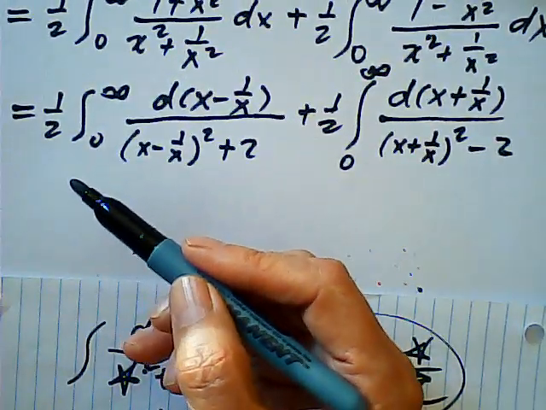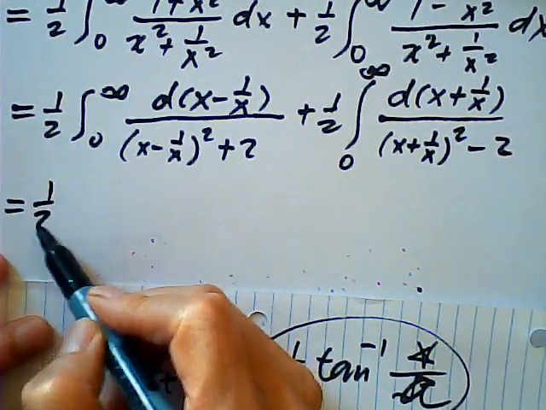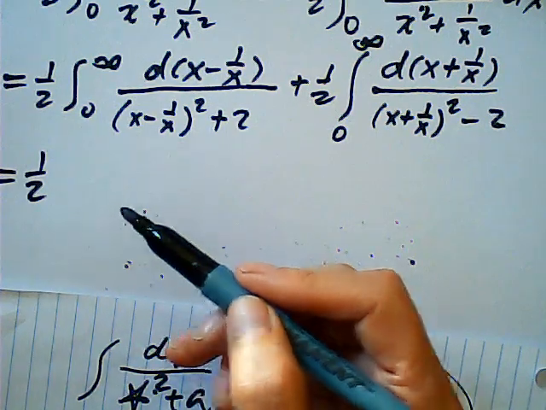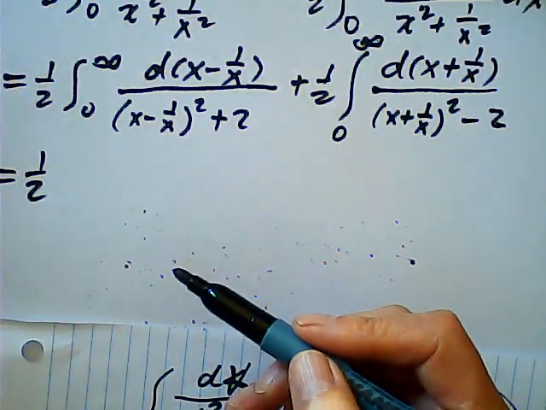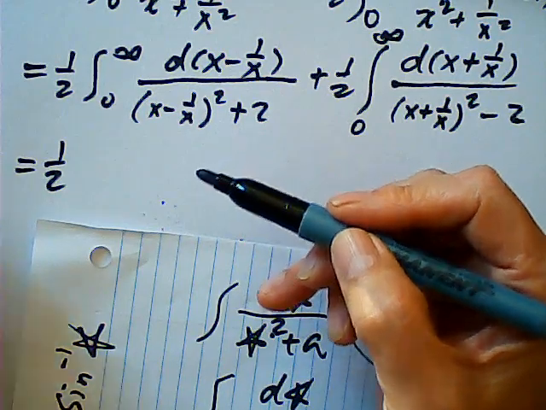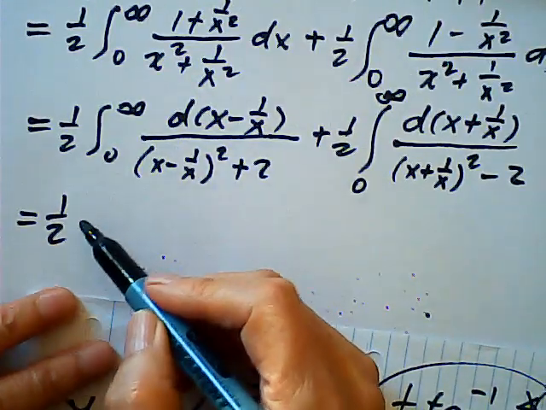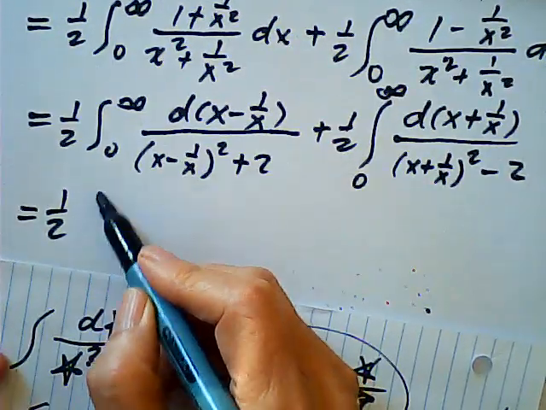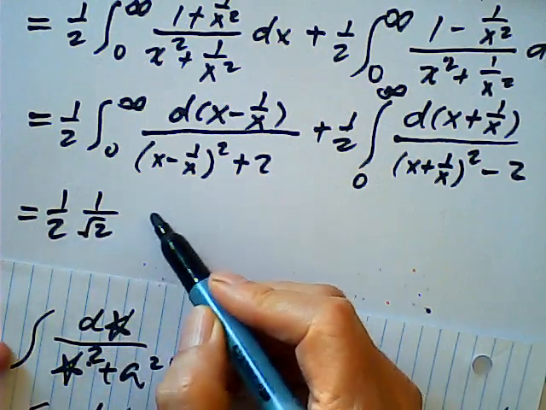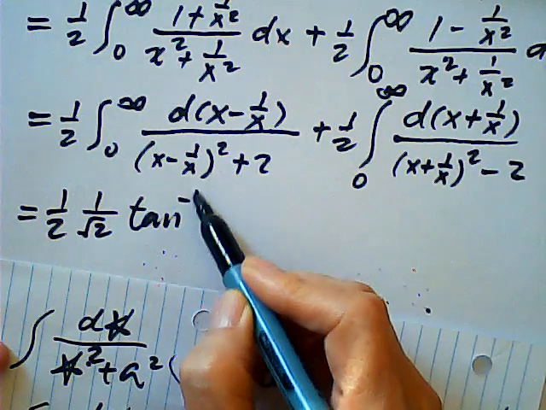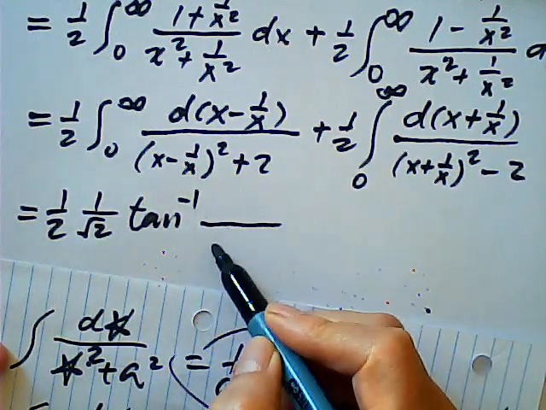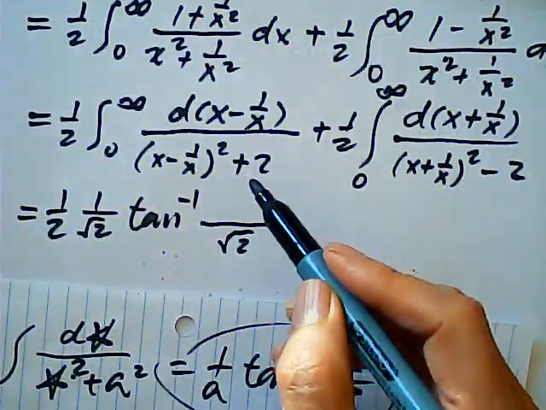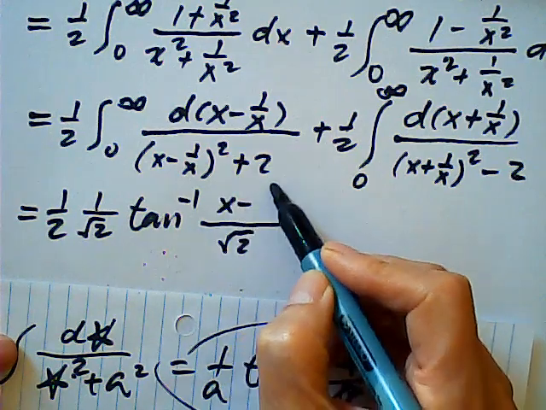So this one is equal to half, using the formula, 1 over root 2 arctangent of x minus 1 over x over root 2, since a squared is 2, right?